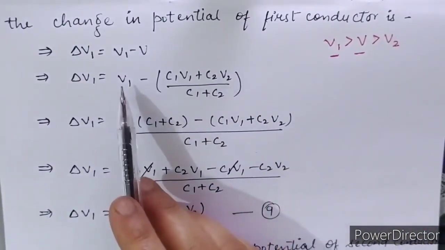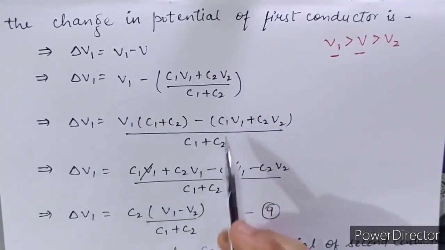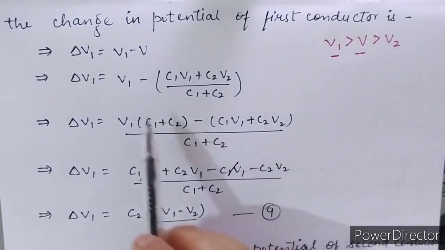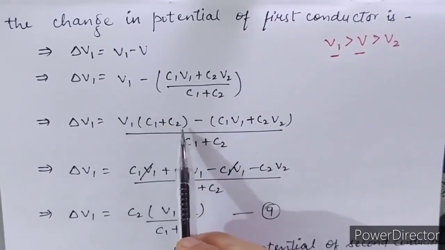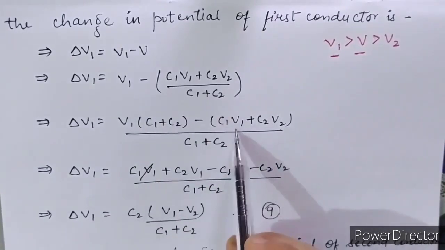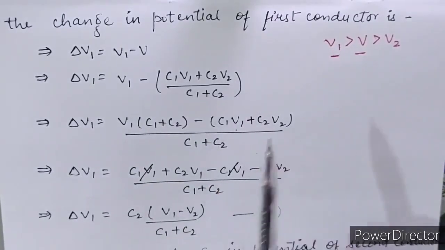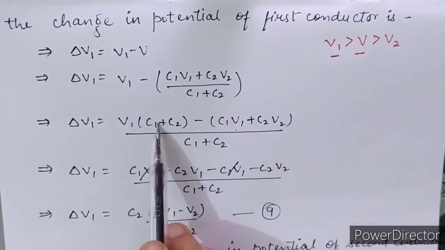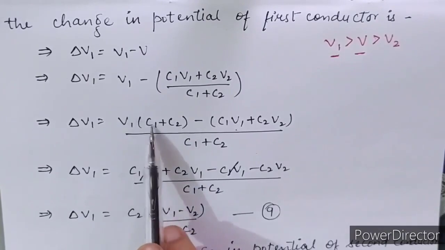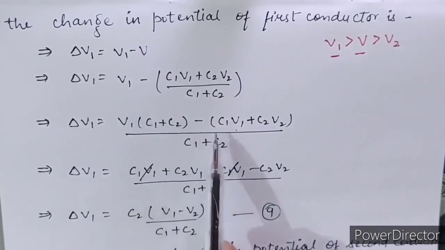Take the LCM, C1 plus C2. V1 multiplied by C1 plus C2 minus C1V1 plus C2V2. Open the bracket, multiplying V1 by C1 plus C2: V1C1 plus V1C2.